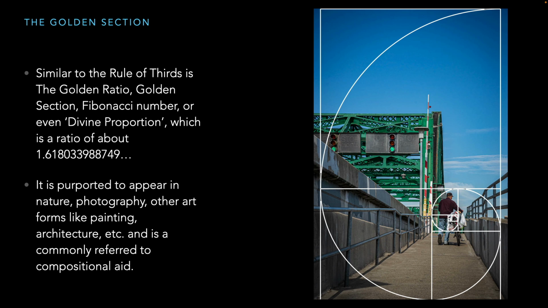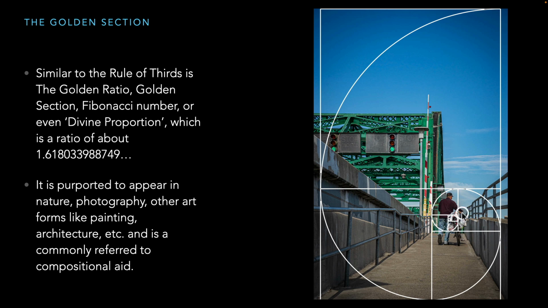I will link for you guys, hopefully it'll still be there by the time you see this, a good article by a mathematician / photographer, I think, who says that this whole idea of the golden ratio is overblown, and that it's an example of confirmation bias, which basically says you tend to see things that you expect to see or you want to see.